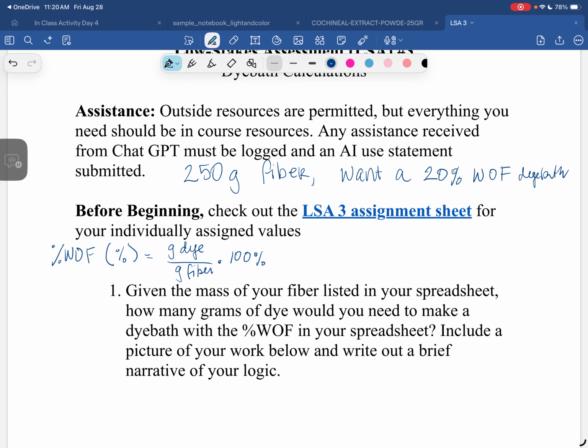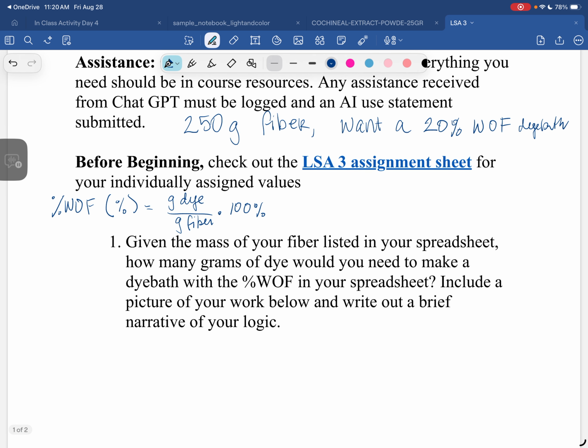All right, so this calculation is set up so our units will cancel out if we multiply everything together, because our weight of fiber and our percentage both have units of percent, and our grams of fiber and our grams of dye both have units of grams.